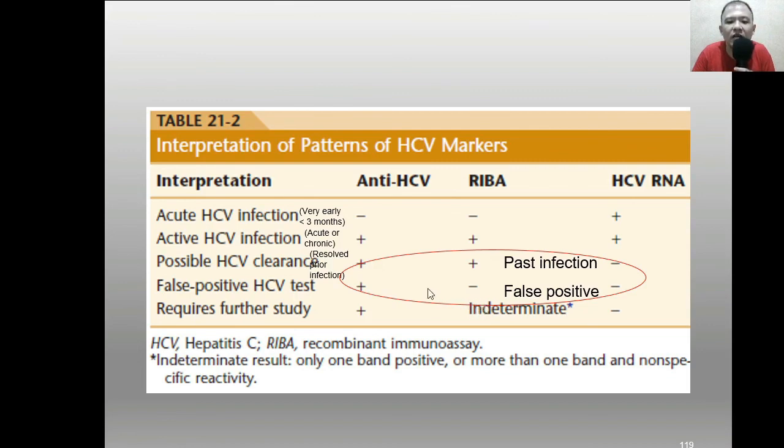Without a RIBA, that means this is a false positive, because if you really have an antibody to the hepatitis C virus, RIBA should be positive. It's a confirmatory test. If you have a positive HCV and indeterminate RIBA, that requires further study.